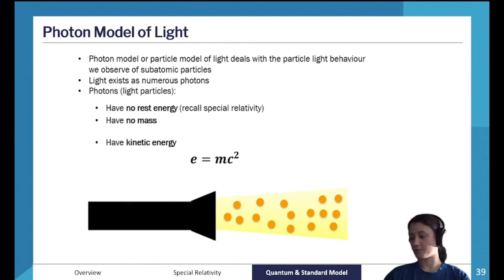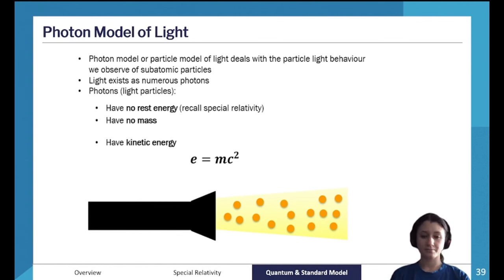Photons have no rest energy. We're recalling special relativity. They have no mass either. Remember, going back to special relativity, photons travel at the speed of light. Nothing with mass can travel at or faster than the speed of light. So they don't have any mass. And they also have kinetic energy.